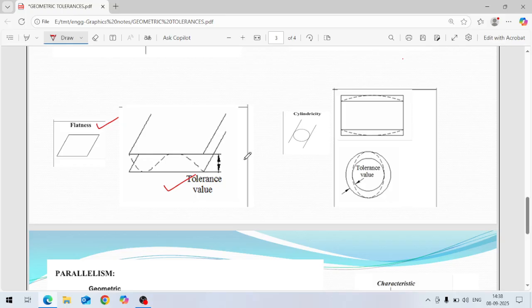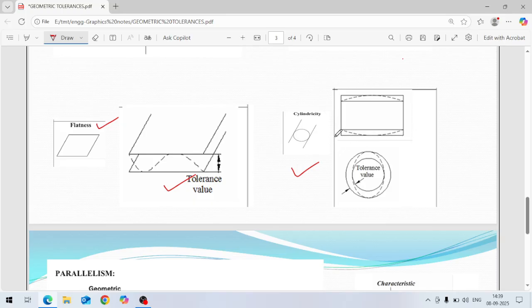And then next is cylindricity. This is the symbol for cylindricity. One round diameter is there and there are two lines like this. So this is the cylindricity error. It is actually roundness plus straightness. If we add both these things, then there will be cylindricity. Cylinder means across the length also.